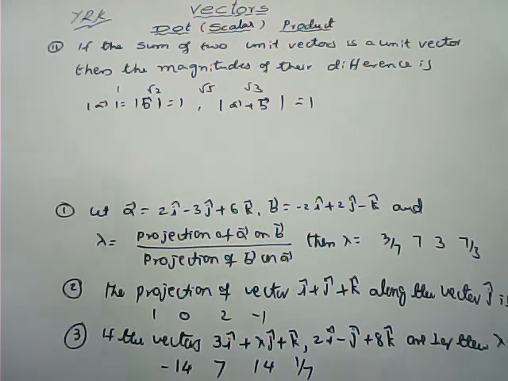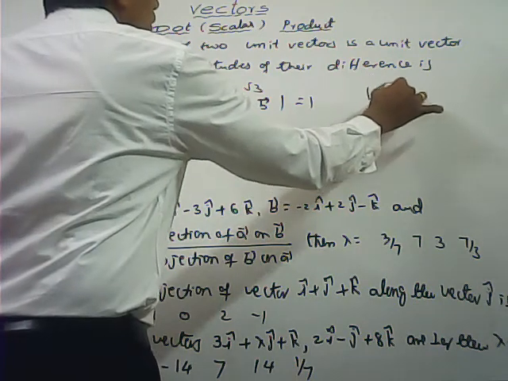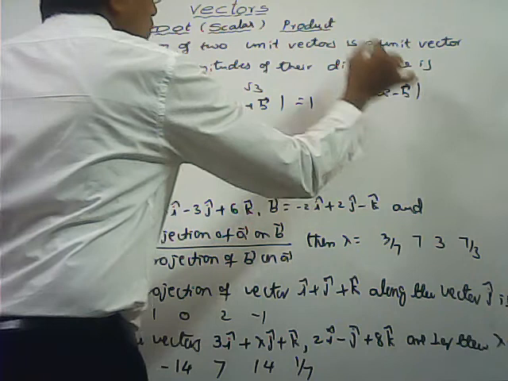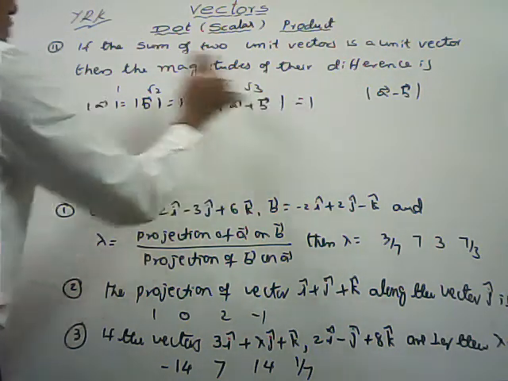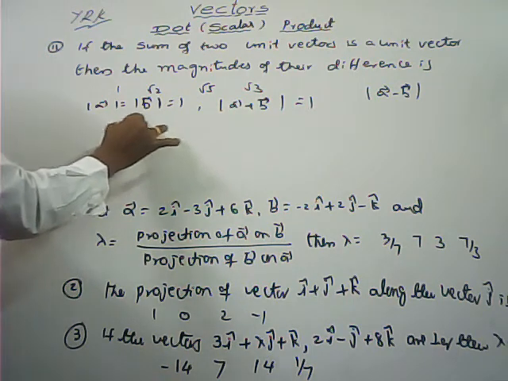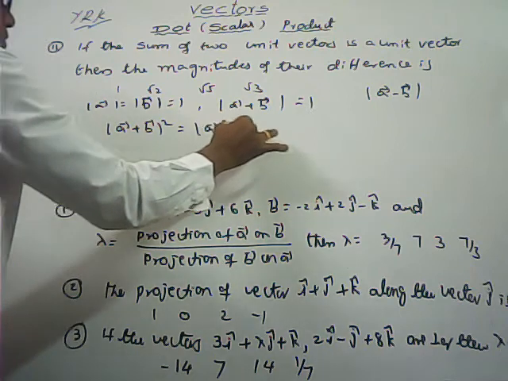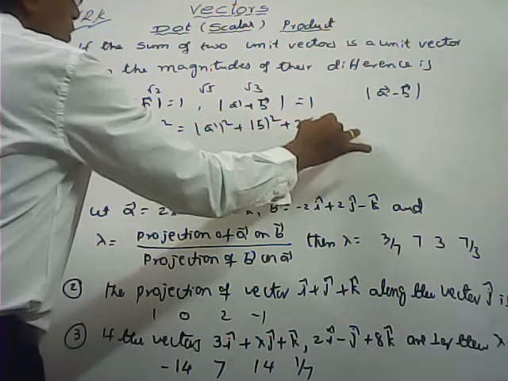given. Now what they are asking, the magnitude of their difference, modulus of A bar minus B bar, they are asking. So here I am taking squaring on both sides. Modulus of A bar plus B bar whole square, that is equal to modulus of A bar square plus modulus of B bar square plus 2 into A bar dot B bar.